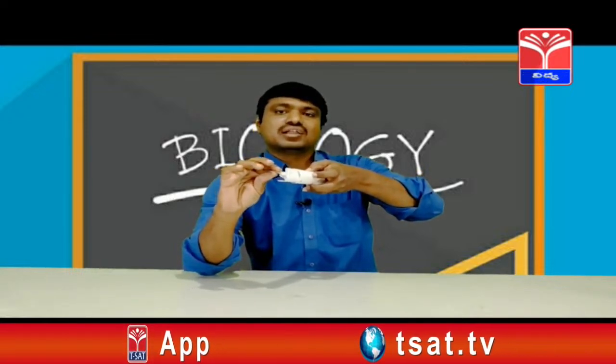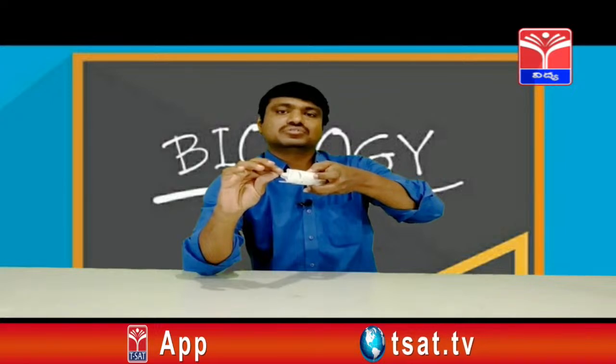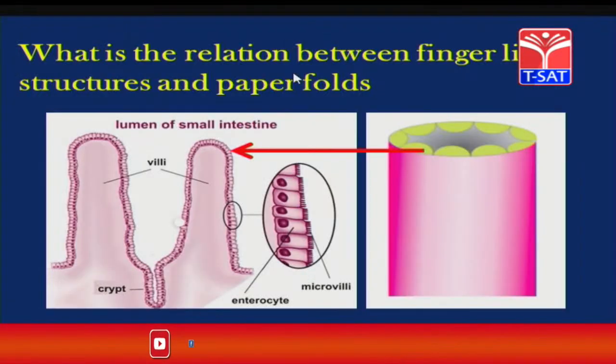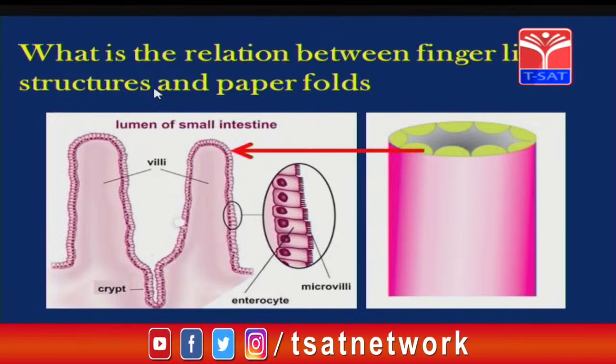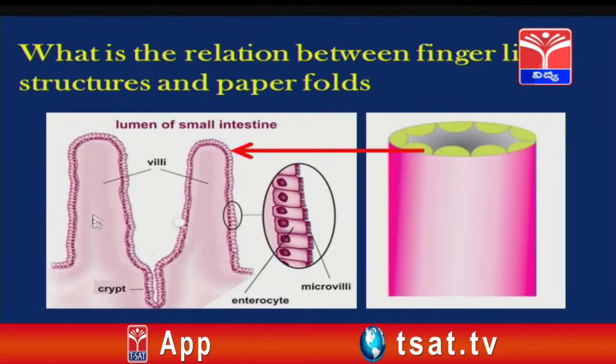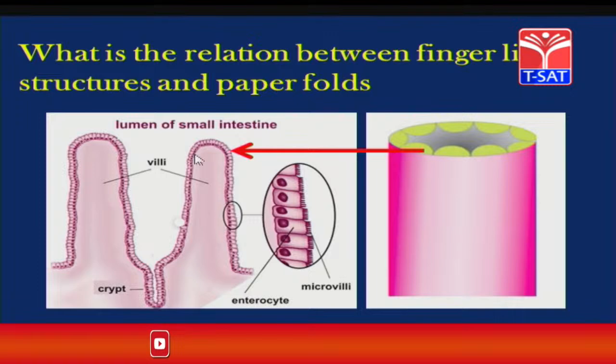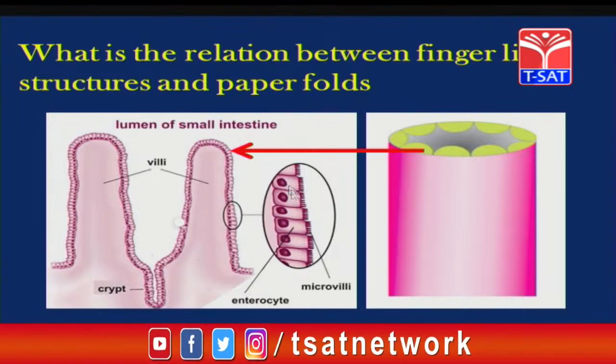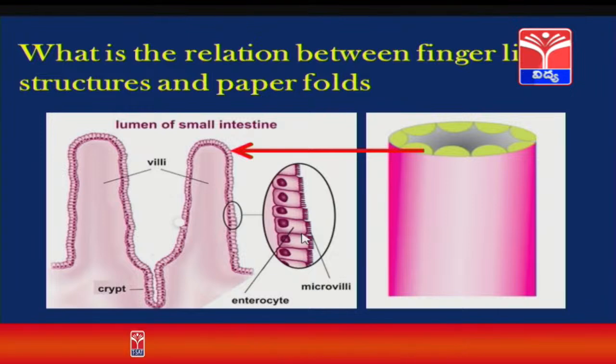By making the larger paper tube into foldings. Now what is the relationship between finger-like structures and paper foldings? These foldings resemble the finger-like structures that are present in the wall of the intestine, which are called villi, and on the surface of these villi they contain microvilli which increase the area of absorption.